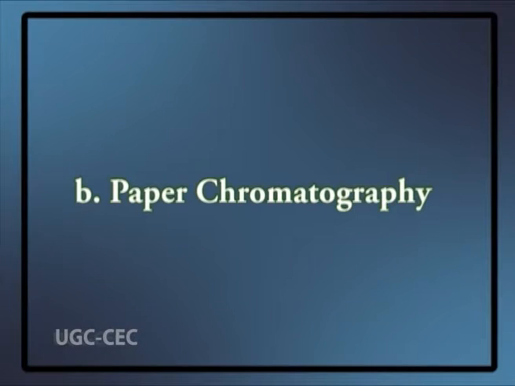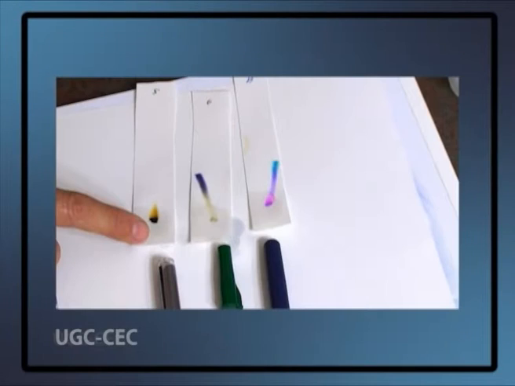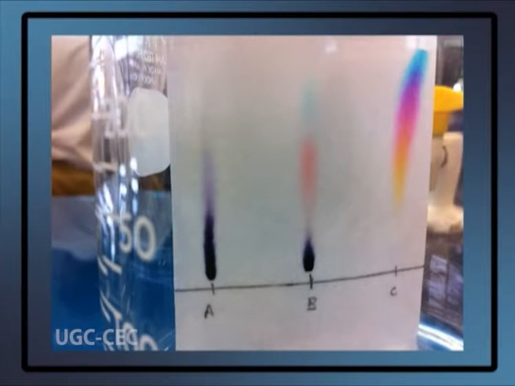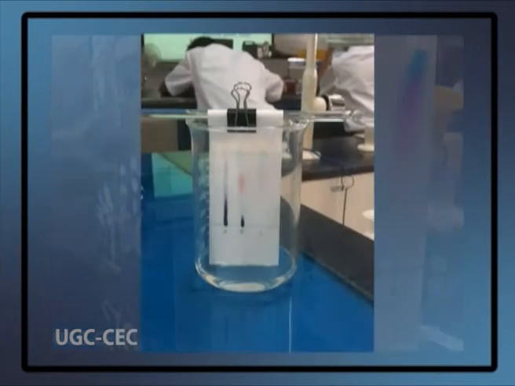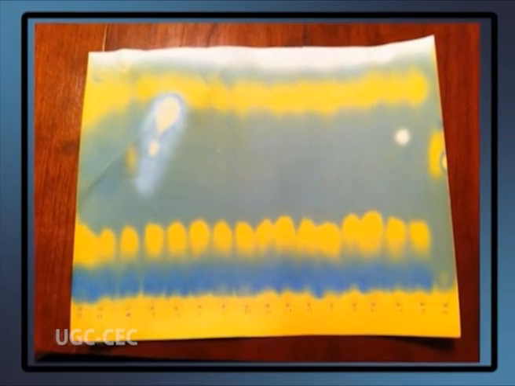B. Paper chromatography. It is a method of partition chromatography using filter paper strips as carrier or inert support. It is a chromatographic analytical separation technique for complex mixtures involving the progressive adsorption of the dissolved component onto a special grade of paper.